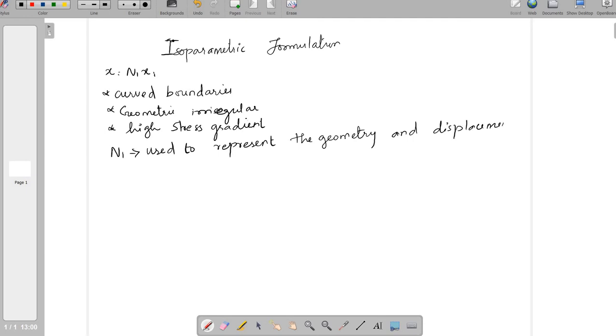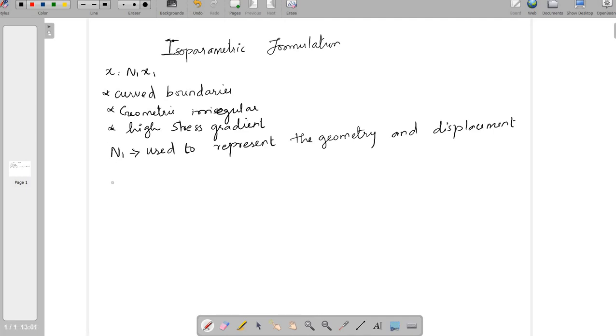So we are using the same function to represent the geometry as well as the displacement. So those elements are called isoparametric elements. The shape functions defining the geometry as well as displacement in a particular element, those elements are called isoparametric elements. The formulation is called isoparametric formulation.